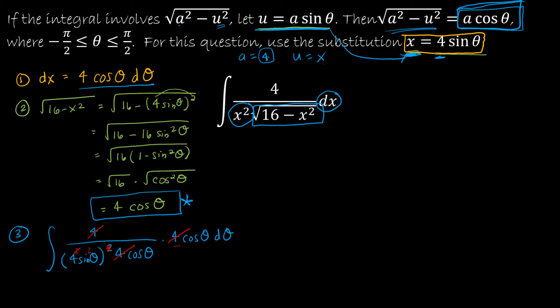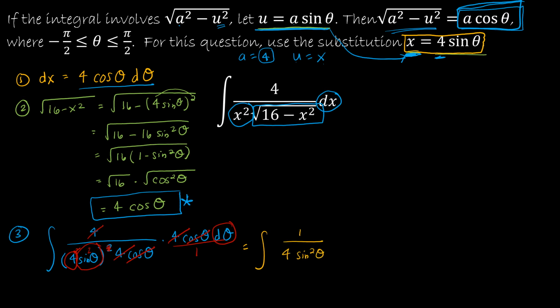One is a numerator and the other is a denominator. So all of the 4s cancel except for this one. And then I have a cosine theta in my numerator and in my denominator, so those cancel as well. And so what I'm left with is a 4, a sine squared theta, and a d theta.